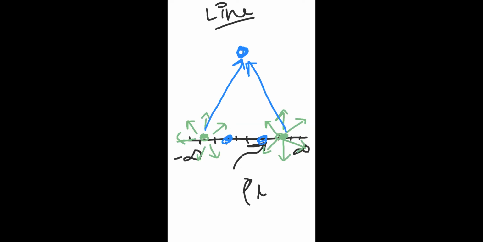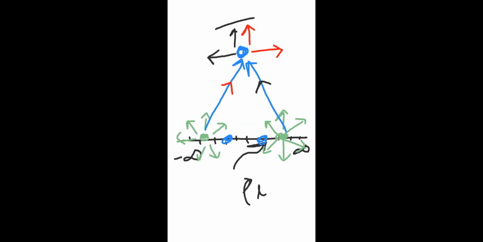So say for example, this line can be resolved like this, because it is going in this direction. And if you take this vector, it can be resolved in this direction.